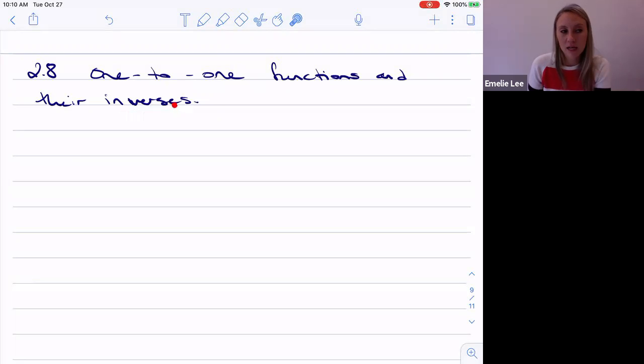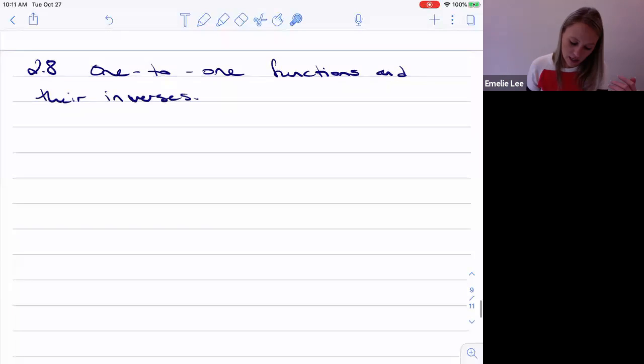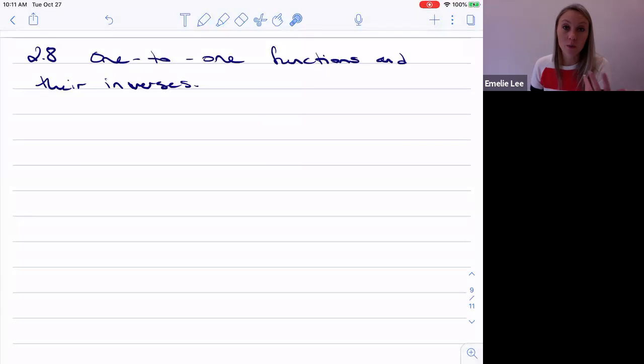But the key thing is that a function only has an inverse if it's what we call one-to-one, which means that each input only maps to one output and one output only maps to one input, which is separate from the function. So something can be a function as long as it doesn't have 2 outputs for the same input. But now we're saying, nope, we can only have one input makes one output and one output makes one input. So we're going to talk about what that means mathematically for us.